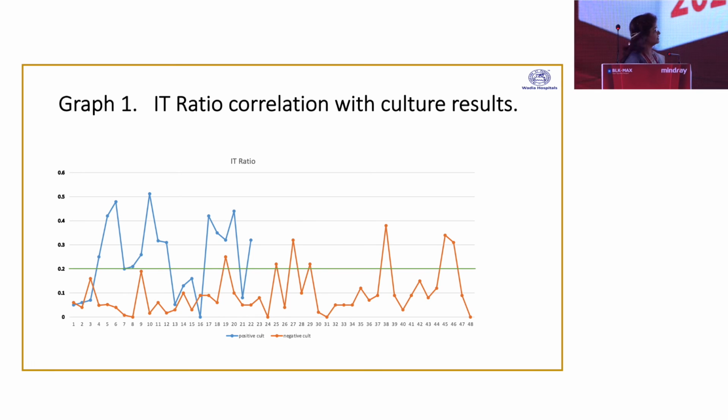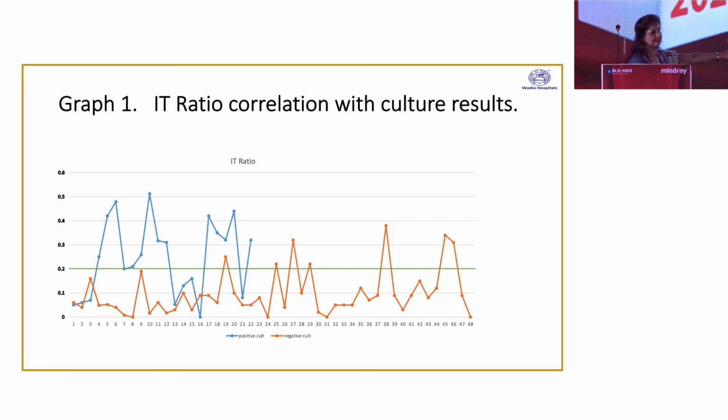This is the graphical representation. Here we can see the culture positive and negative cases. In culture positive cases, the cutoff for IT ratio is 0.2, and most of the culture positive cases, totaled on the x-axis, are all above 0.2. While for negative cultures, the IT ratio is below 0.2.